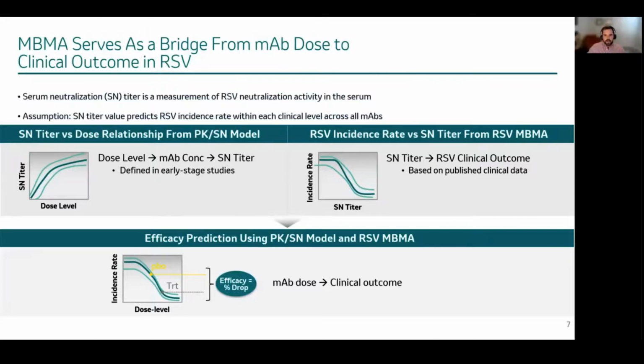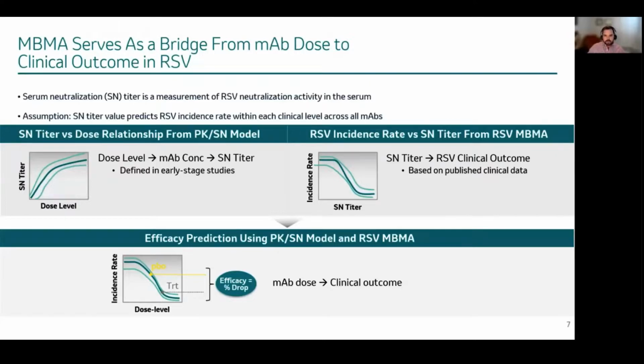So here, the panel on the left shows how we can use clinical data from early stage studies to understand that relationship between dose, concentration, and then your correlate of protection, in this case, serum neutralization titer. And then the panel on the top right shows actually how literature data can be used through an MBMA to define that relationship between neutralization titer and incidence or a clinical outcome.